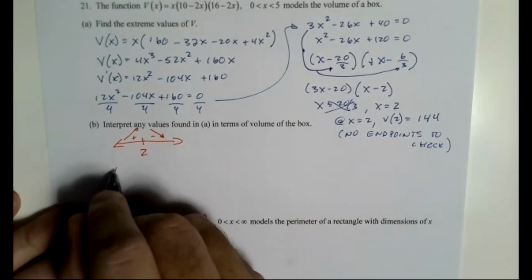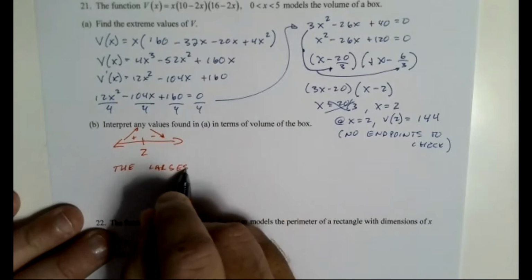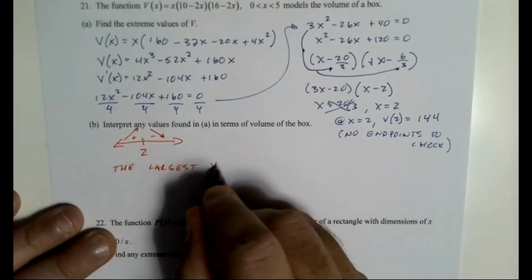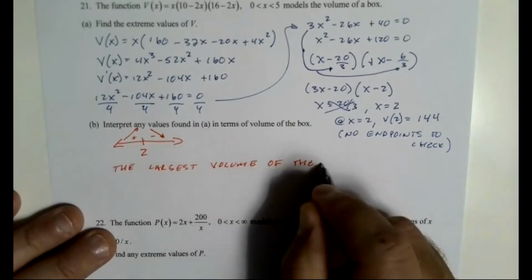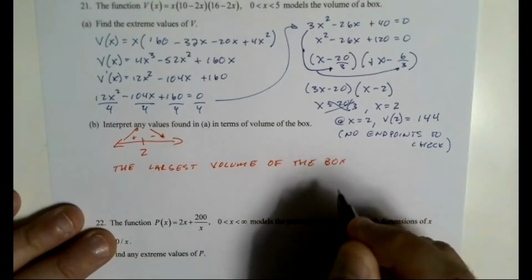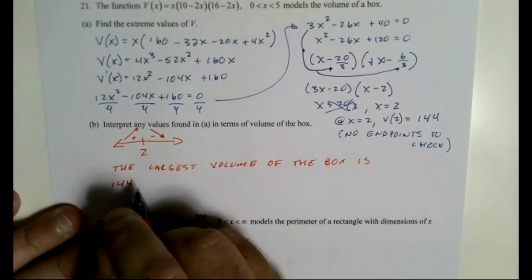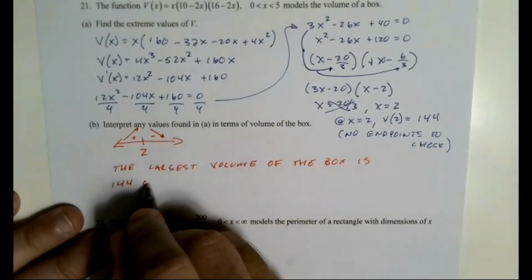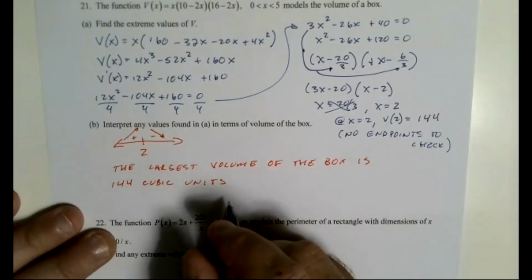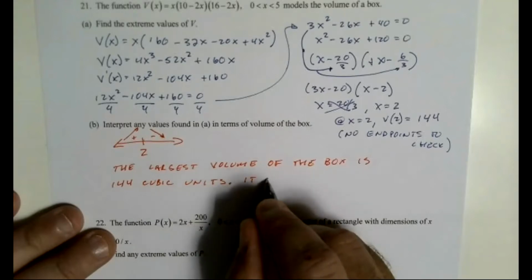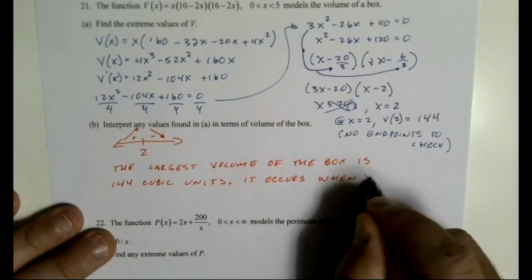So the largest volume of the box is 144 cubic units, which I really shouldn't do, but it occurs when X equals 2.